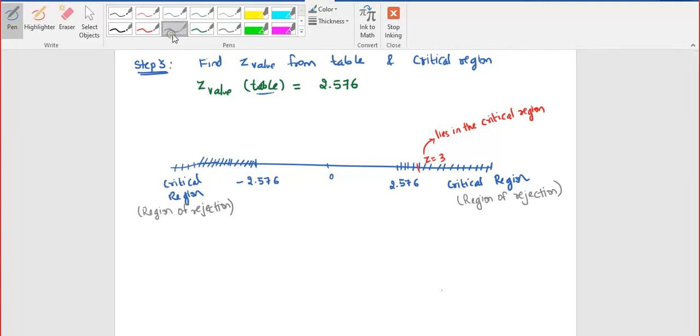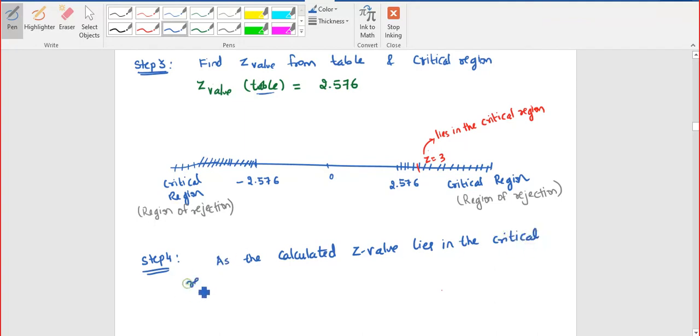So what you have to write? This will come as step 4, where you are making the decision. How will you write it? As the calculated z value lies in the critical region, we do not accept the null hypothesis.